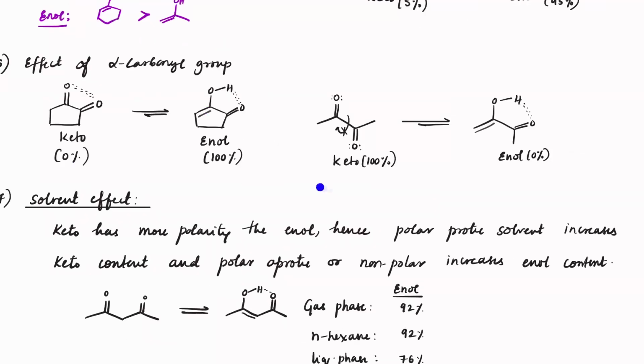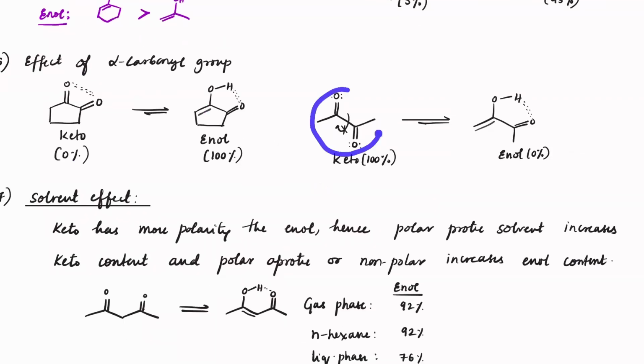While if you take the similar case but in an open chain, the problem here is that to avoid the repulsion between these two, it will always stay in the anti form. This is the anti conformation. So it will remain always in the anti form.